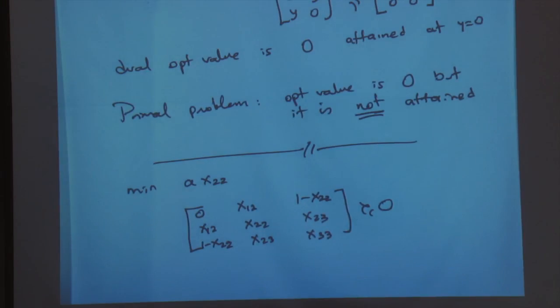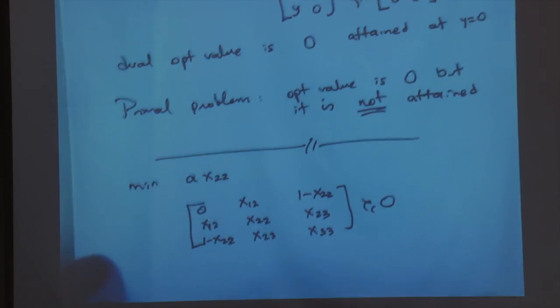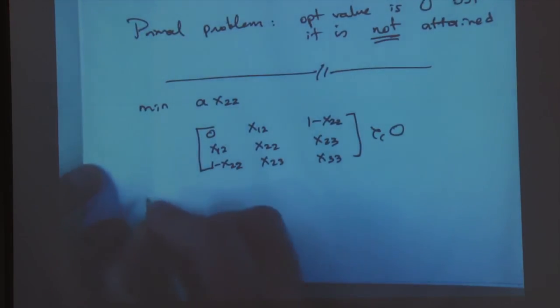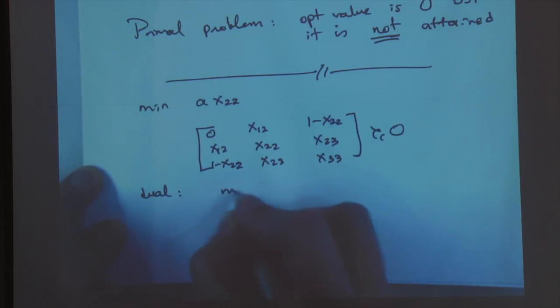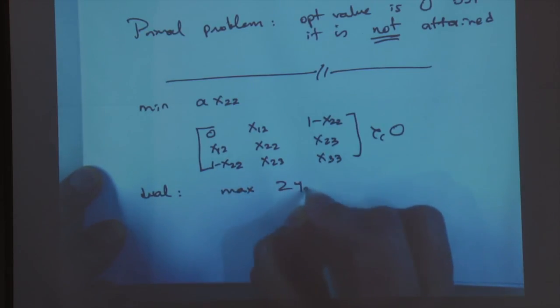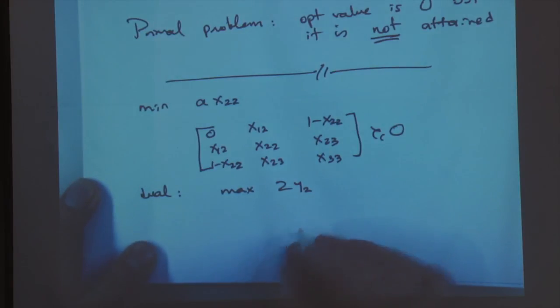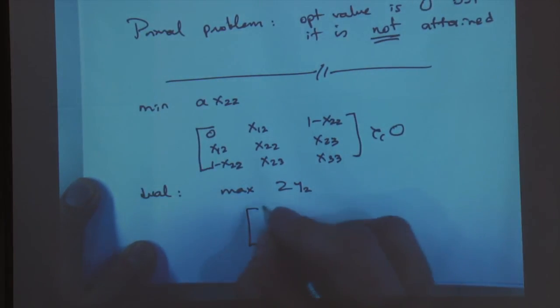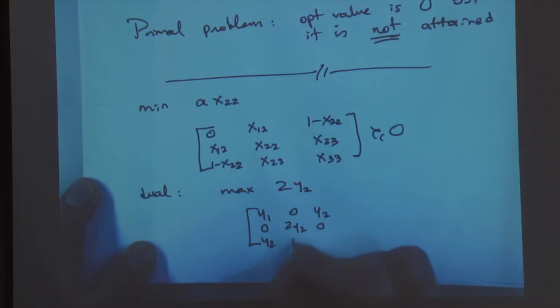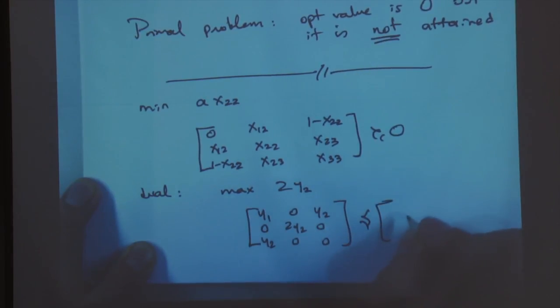But the key point here is that in this case, the dual, again, I'll skip the details, turns out to be max 2y2, and then the constraints are of this form: y1, 0, y2, 0, 2y2, 0, y2, 0, 0, less than or equal to 0, 0, 0, 0, a, 0, 0, 0, 0.